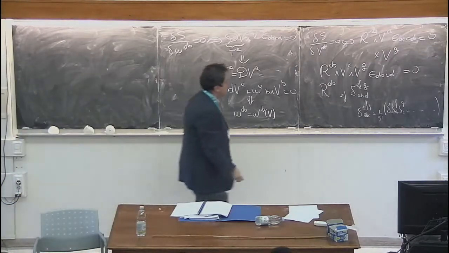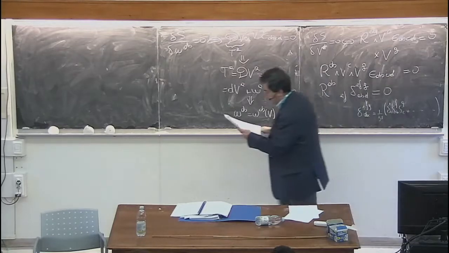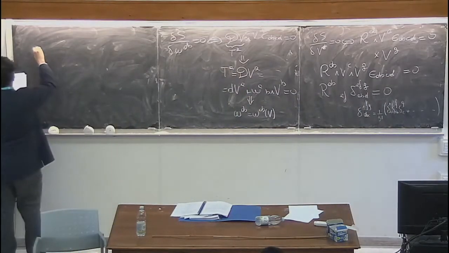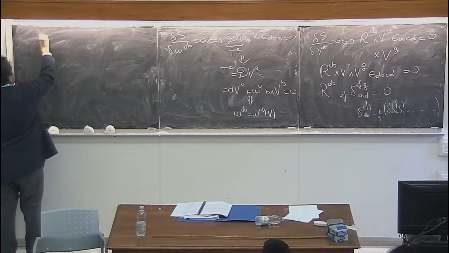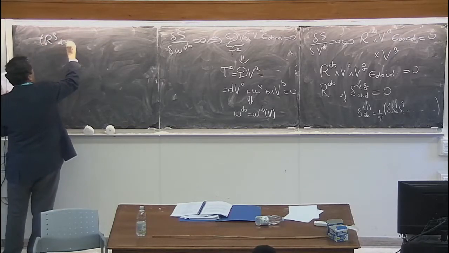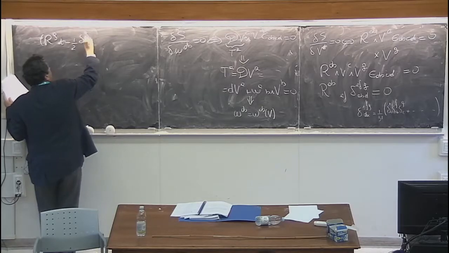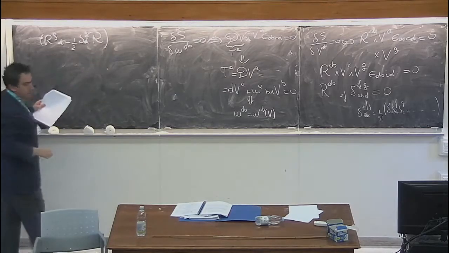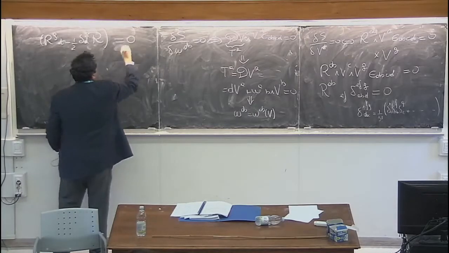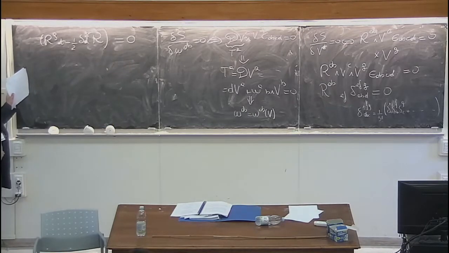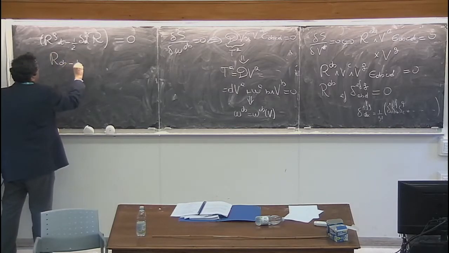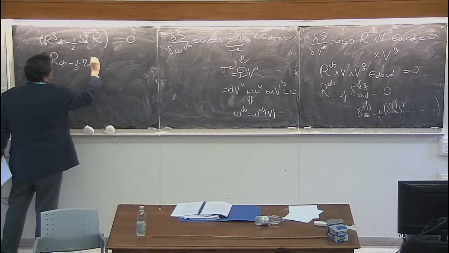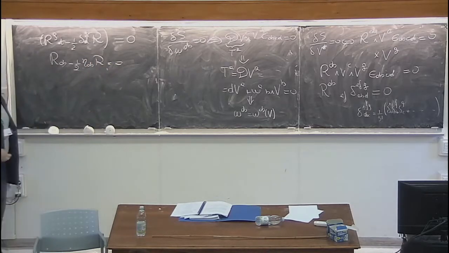This contraction is nothing but the Einstein equation in the vacuum, namely 0 equals, so it's minus 2, which we don't care, R_GD minus 1/2 delta_GD R. But this is an Einstein equation in the vacuum, namely R_AB minus 1/2 eta_AB R. Einstein equation written in the rigid indices.